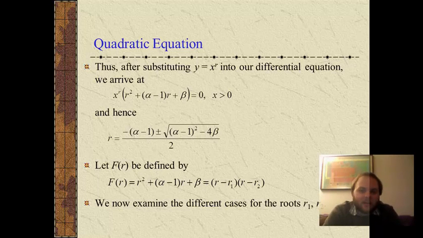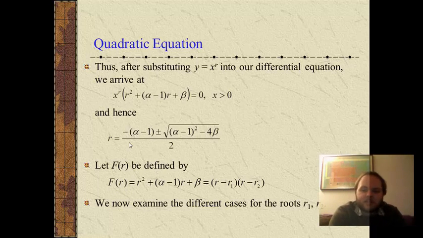I like to factor. Most of the cases you're going to be doing, you can factor, but the quadratic formula will definitely work. And so we oftentimes call that form right here, r squared plus alpha minus 1 r plus beta, this f of r. I don't know why it's called f of r. A lot of things in math are just tradition.